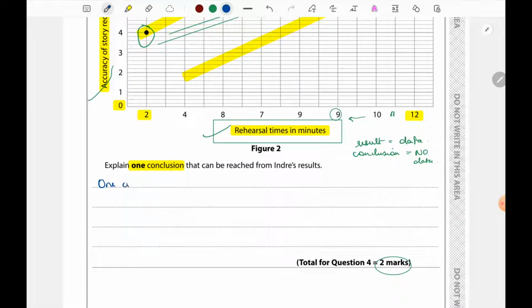One conclusion is that Ender's results are depicting a positive correlation.